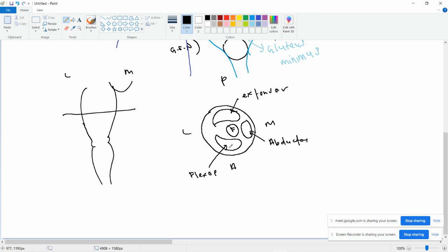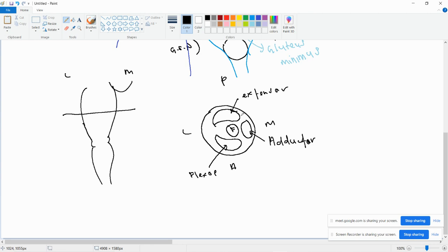You have the flexor compartment anteriorly, you have the abductor compartment medially, and also, sorry class, not abductor, but adductor, ADD, adductor, not abductor. We don't have abductor, but we have adductor. We have the adductor compartment, and the most posterior we have the extensor compartment.